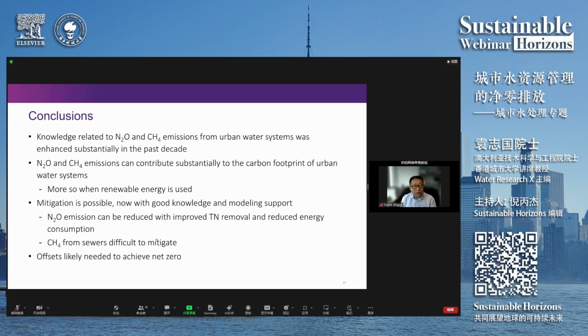In the future, the relative contribution will increase when we use more and more renewable energy to power the treatment process. Mitigation is possible. That's good news. Now we do have the knowledge and the models to help us to mitigate. If we really want to achieve net zero, I believe some sort of offset will be needed.